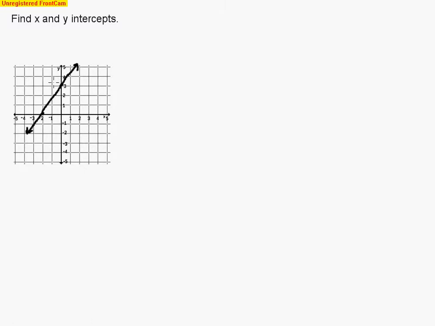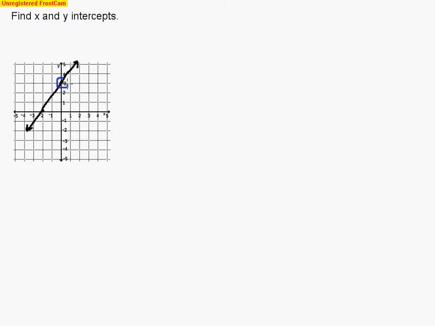I look right here and I see that it crosses right at this number. That number is positive 3. So this is my y-intercept. And again, think of a football team: when they intercept the pass, it changes possession from one team to the other. Well, this is like changing sides of the y-axis.